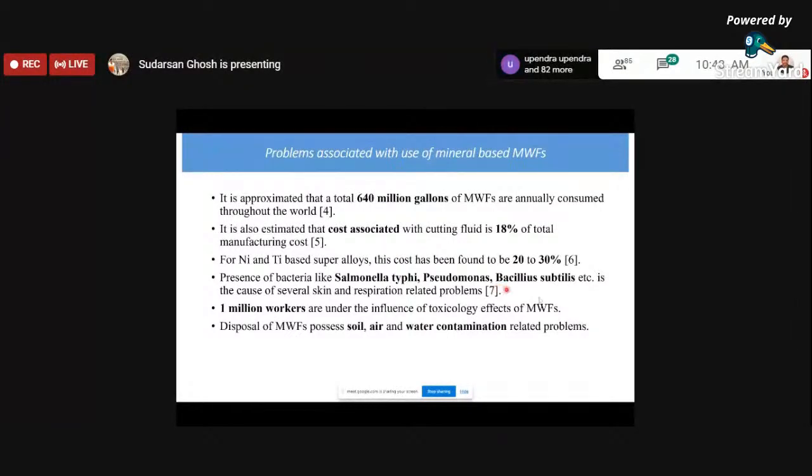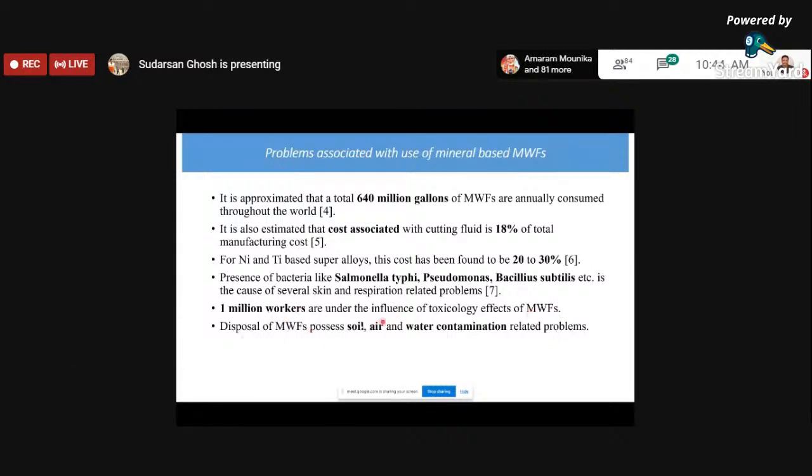Once they grow, they can affect the skin and also lead to respiratory problems of the machine operators. The number is not very small: almost 1 million workers are down with the toxicological effects of these metalworking fluids.